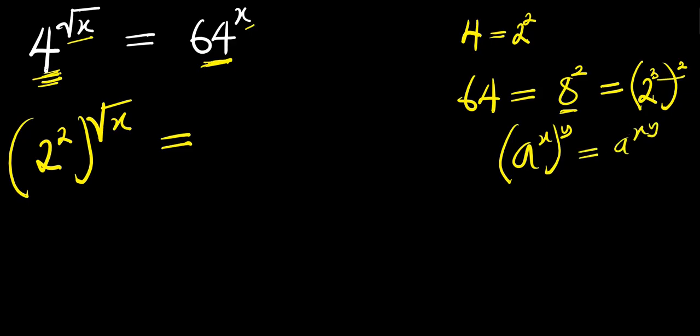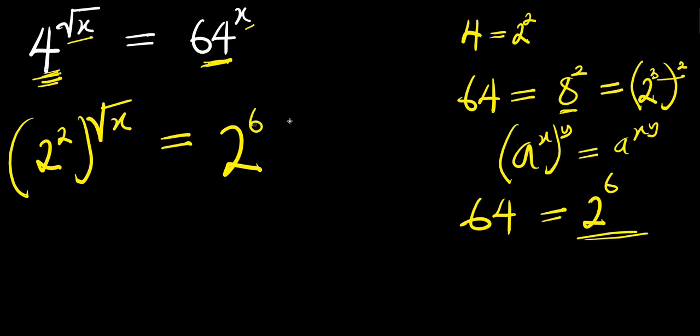So you multiply 3 times 2. That means you are going to have 6. So 64 is the same as writing 2 power 6. So we replace 64 here with 2 power 6, and this is raised to the power of x.